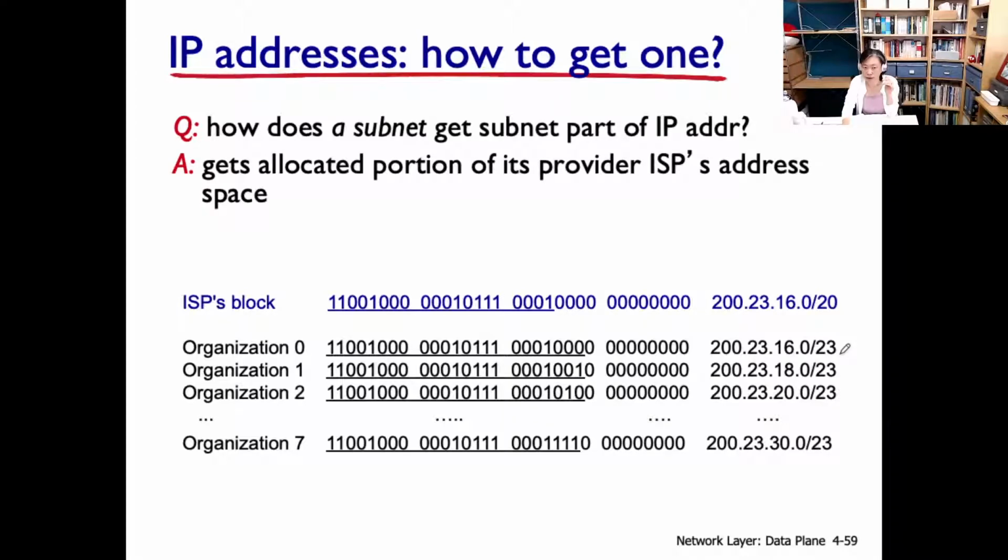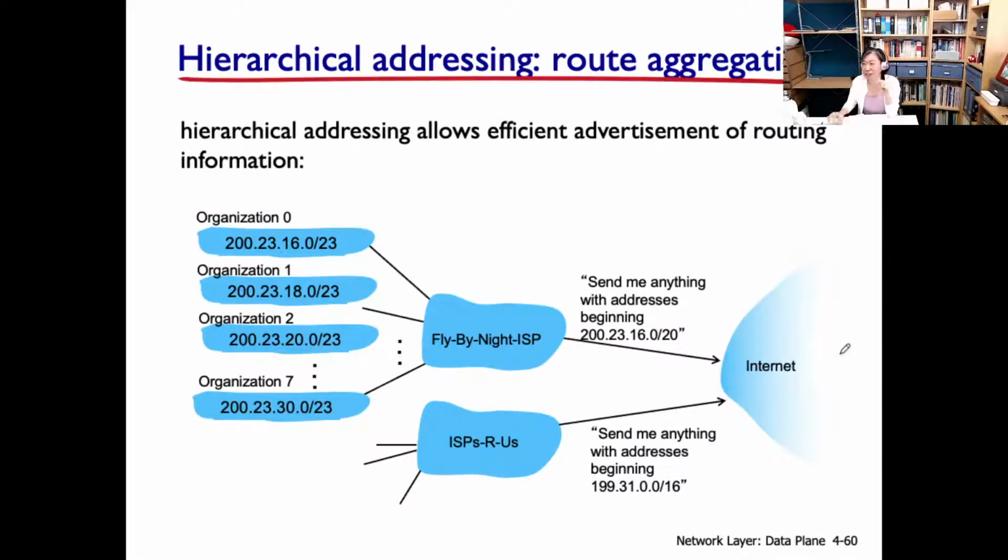There's another benefit, which is this: doing very efficient advertisements to enable routing. These are advertisements of routing information so that the routers can do the best route computation. So with hierarchical addressing, these advertisements can also be sent in an efficient way.